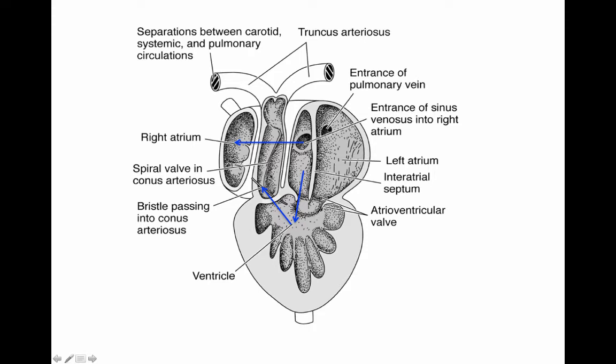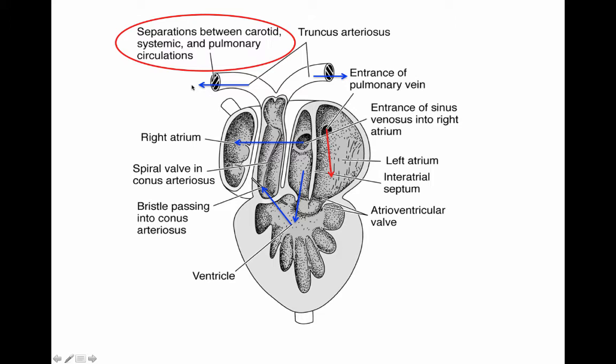Now the conus arteriosus has a spiral valve that causes blood to be preferentially directed toward a particular section of these branches of the conus arteriosus, known as the truncus arteriosus. It's going to cause that blood to be diverted into the portion that's going to take it to the pulmonary circuit. In the case of the frog heart, that's going to be the pulmocutaneous artery, taking the blood both to the lungs and also out to the skin to pick up oxygen.